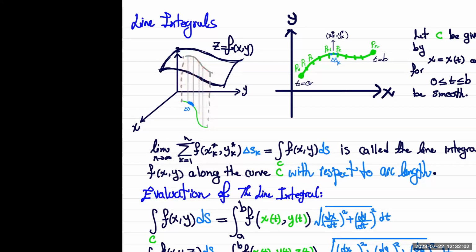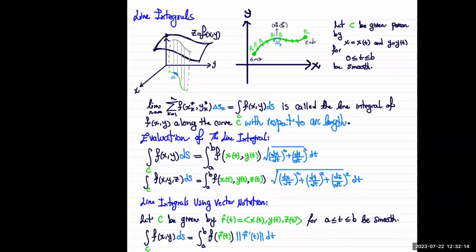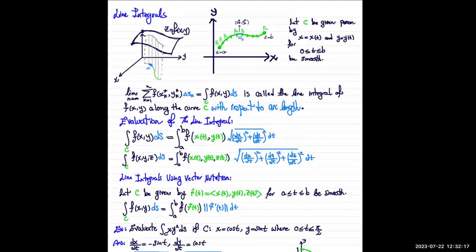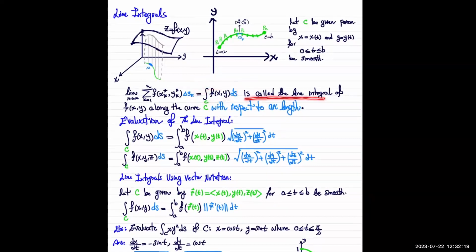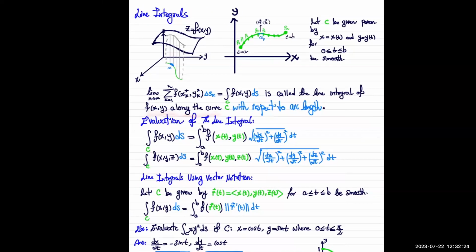And again, that's just z times delta s, length times width. So we call this the line integral of f of x, y along the curve C with respect to arc length, right? The integral of f over C with respect to arc length.